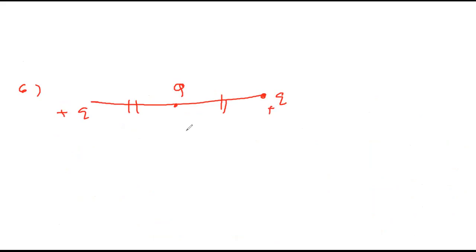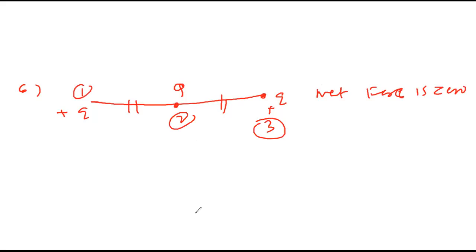What is the value of Q if the system of charge is in equilibrium? See, equilibrium means net force 0, correct? So system means where it is 0, at the first charge or second or third, everywhere. Everywhere it should come 0.